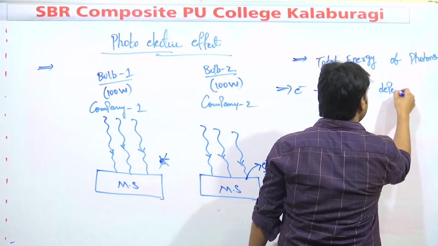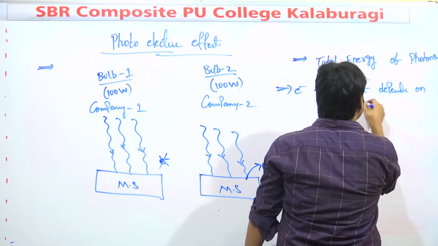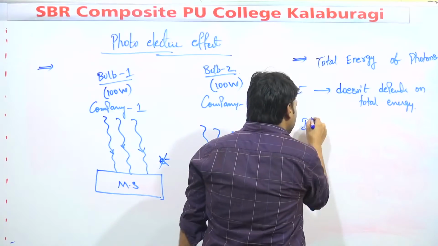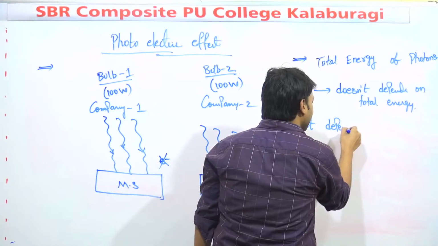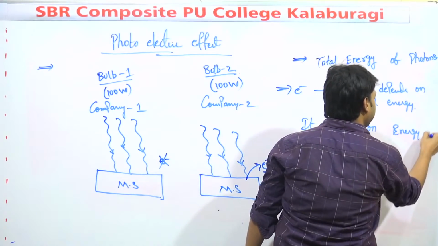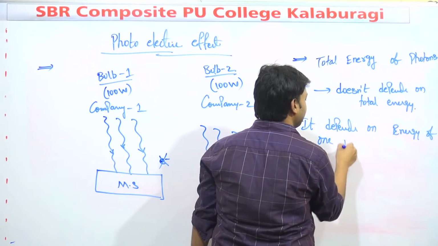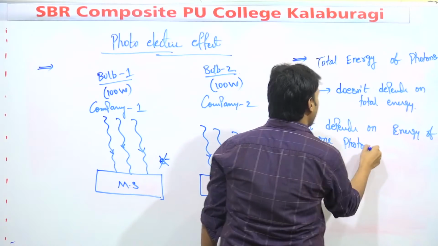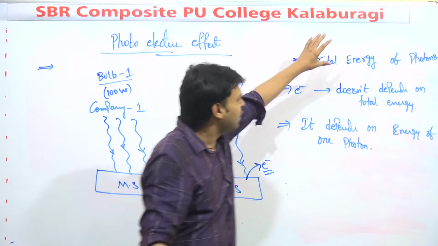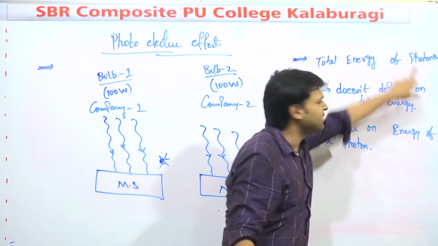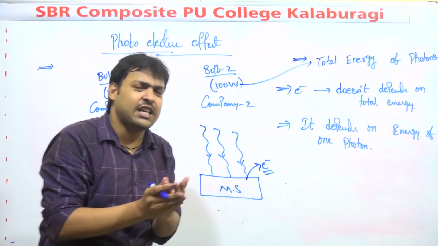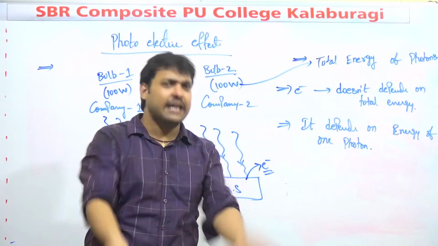It depends on, very important, the energy of one photon. You have to digest those points, okay? So the total energy of the photons, what is this 100 watts? That gives you the total energy, not the energy of one photon.